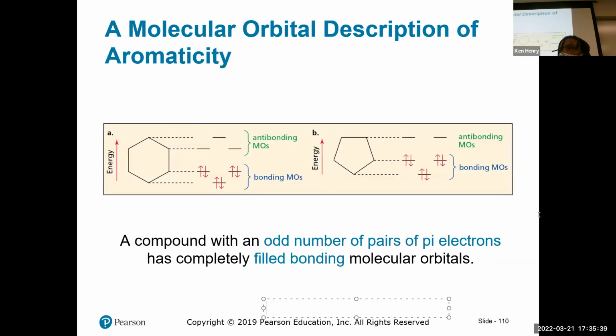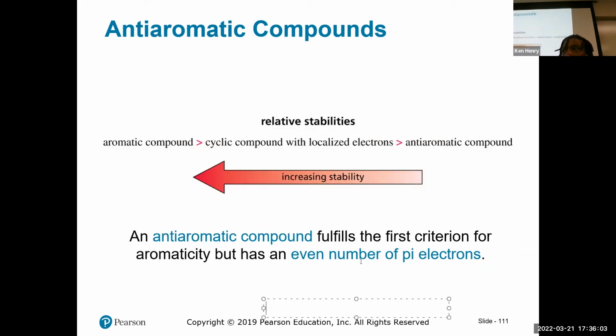So in this case, that's 1, 2, 3. That makes it aromatic. With this one, it has 1, 2, 3, and then it has an additional extra, right? And so that makes it anti. So it has an even number of pairs of electrons. So it met that first criteria, but it went extra, right? Does that make sense? Okay.